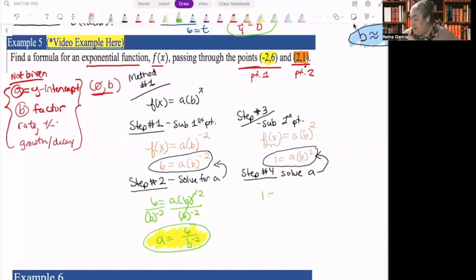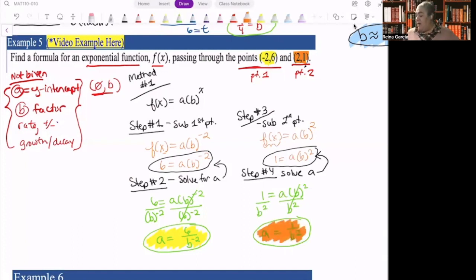So we have 1 equals a times b to the second power. We're going to go ahead and divide by that b to the second power on both sides so that we can solve for a. That crosses out, and now we have a equals 1 over b squared. That's the second one that we came up with. All right, and we'll highlight this one in orange.